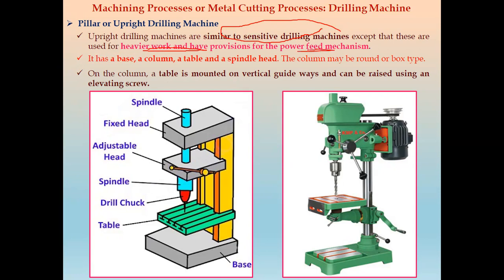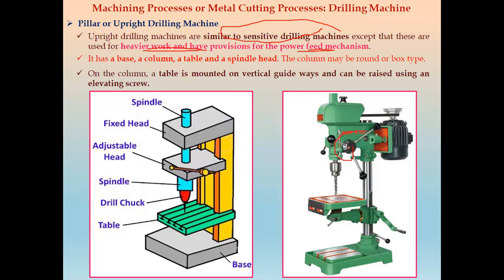That is the main difference between the sensitive drilling machine and this pillar or upright drilling machine. It is the same, but it is used for heavier work. The work table diameter is larger, and it provides the power feed mechanism.